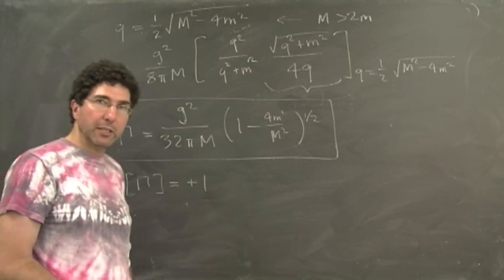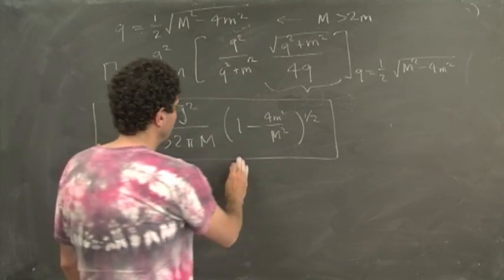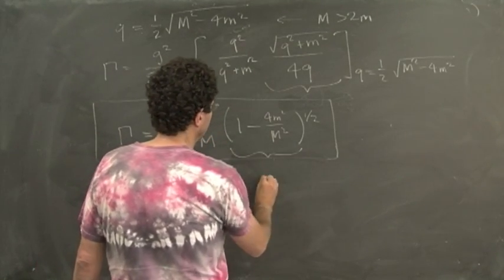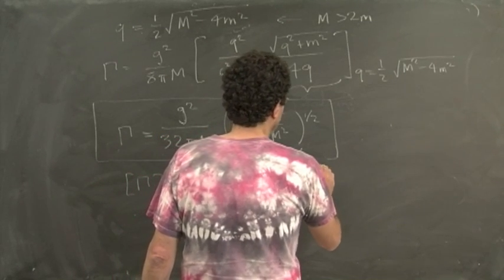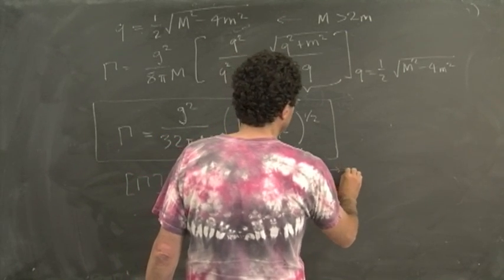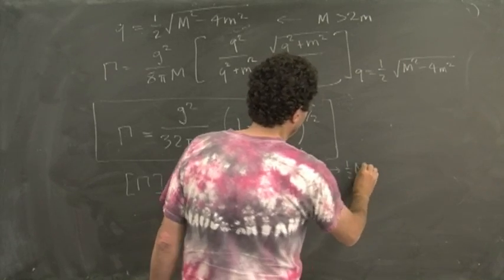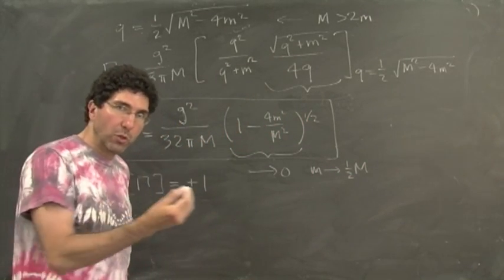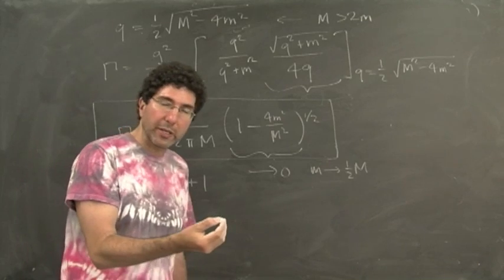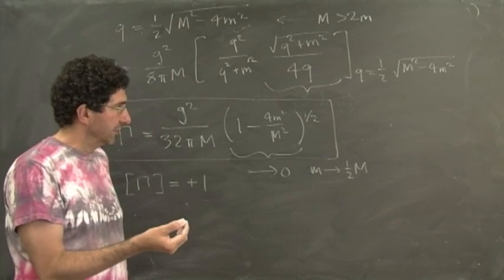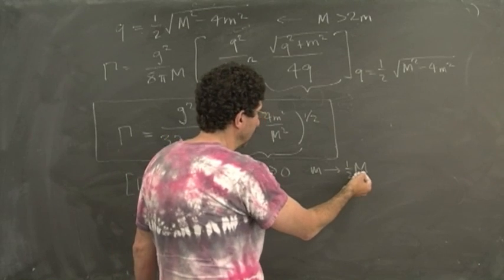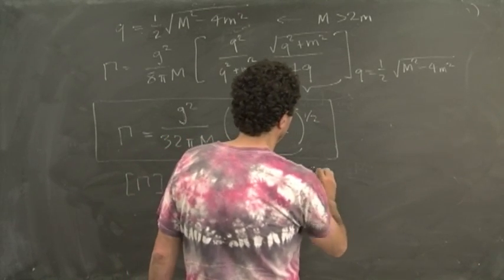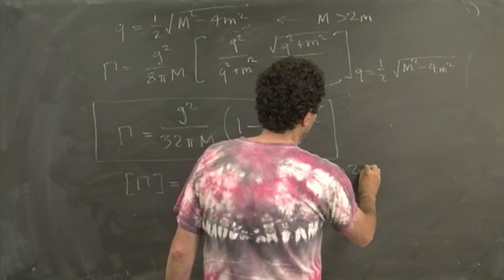Another feature that's kind of interesting here is notice that this factor right here goes to 0 as little m goes to 1/2 big M. In other words, if we go towards the threshold, where this decay is just barely allowed, we need capital M to be bigger than 2 little m.